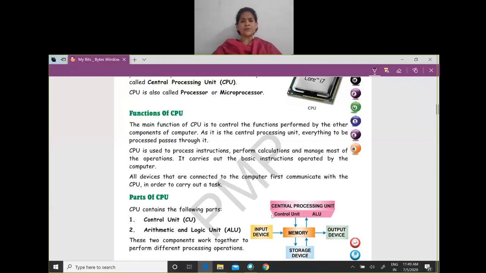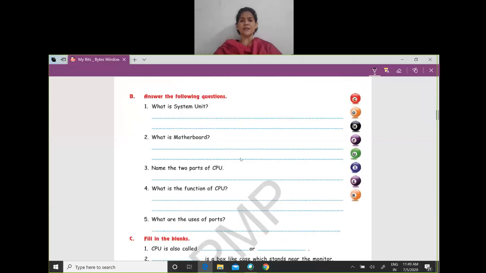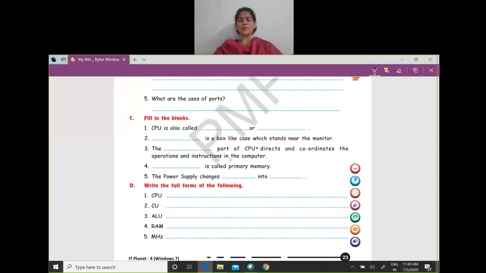Okay. Next question is dash is a box-like case which stands near the monitor: system unit. Number 3, the dash part of the CPU directs and coordinates the operations and instructions in the computer. The control unit part of the CPU directs and coordinates the operations and instructions in the computer.